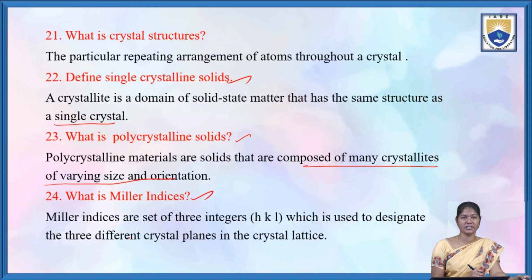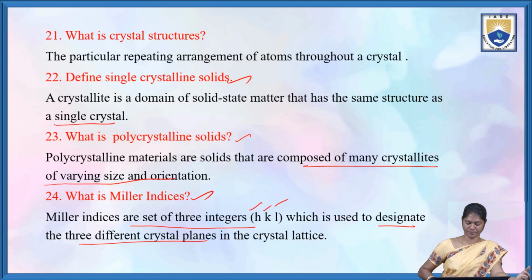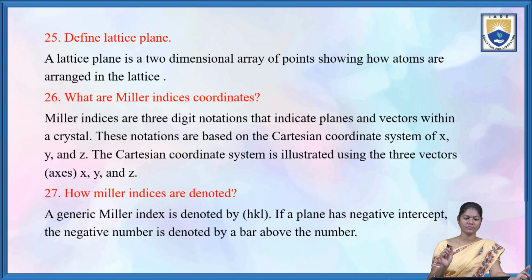What are the Miller indices? Miller indices are a set of 3 integers, named h, k, l, which are used to designate different crystal planes in the crystal lattice.